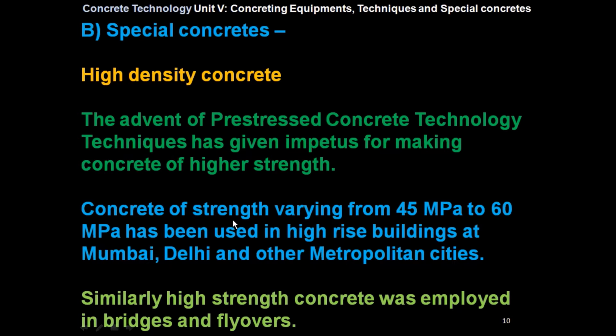Concrete of strength varying from 45 megapascal to 60 megapascal has been used in high-rise buildings at Mumbai, Delhi and other metropolitan cities. Similarly, high-strength concrete was employed in bridges and flyovers.